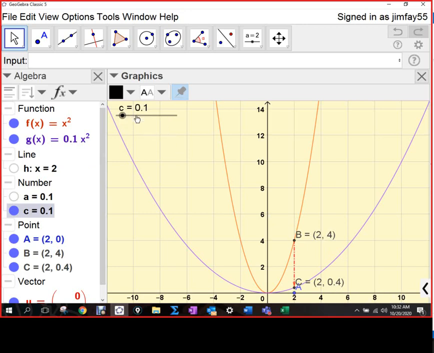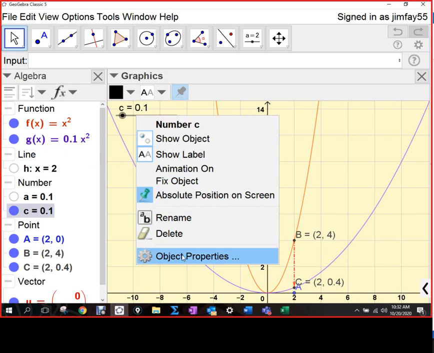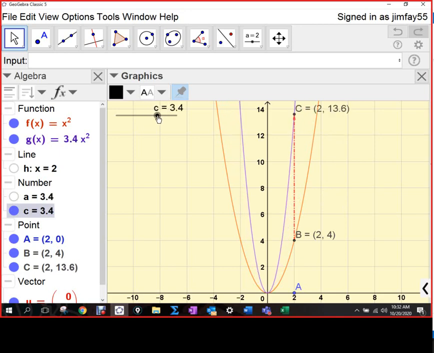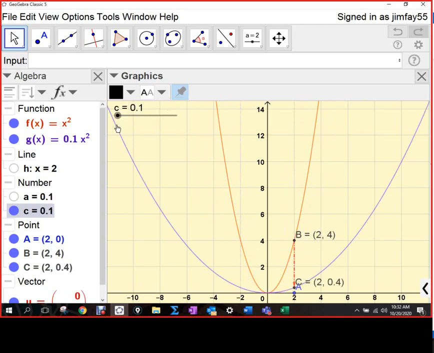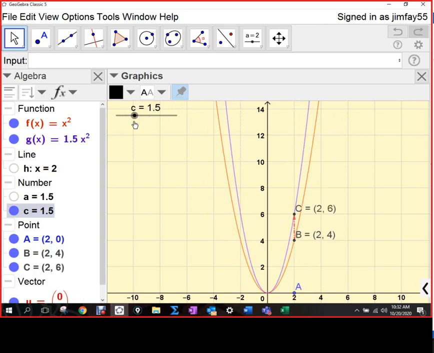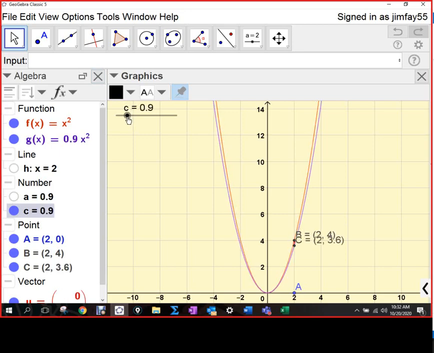Now, what I'm going to show you here is the comparison of that transformation, which was either a vertical stretch or a vertical compression. How does that relate algebraically to something like this?